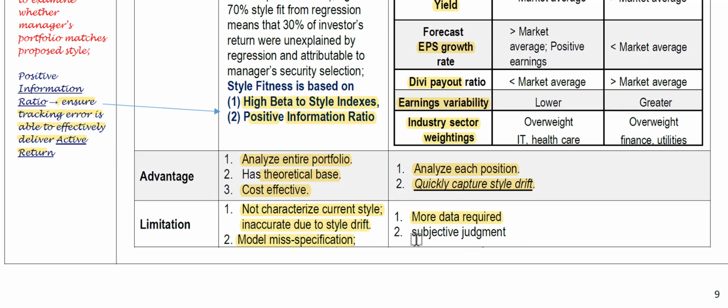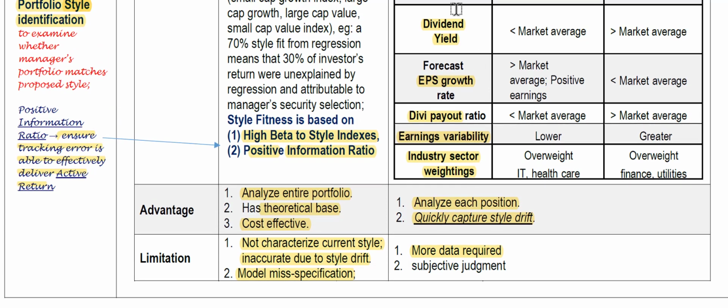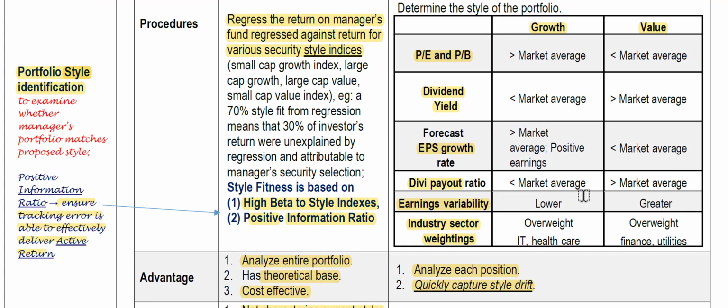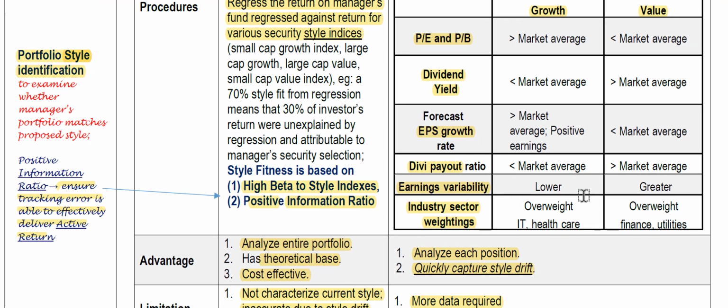And another one, since you're using arbitrarily selected characteristics, it's subject to your own judgment. It's subjective judgment. So that is another drawback or limitation for the holding-based approach.